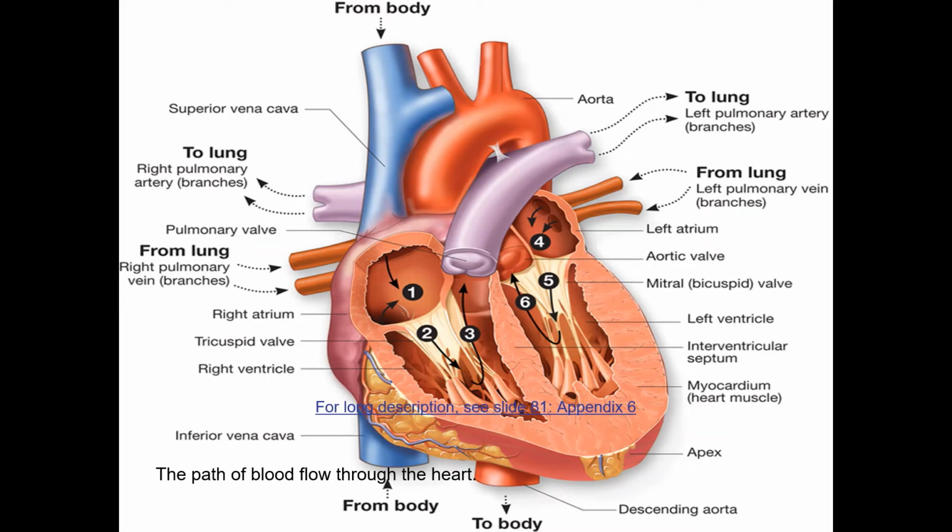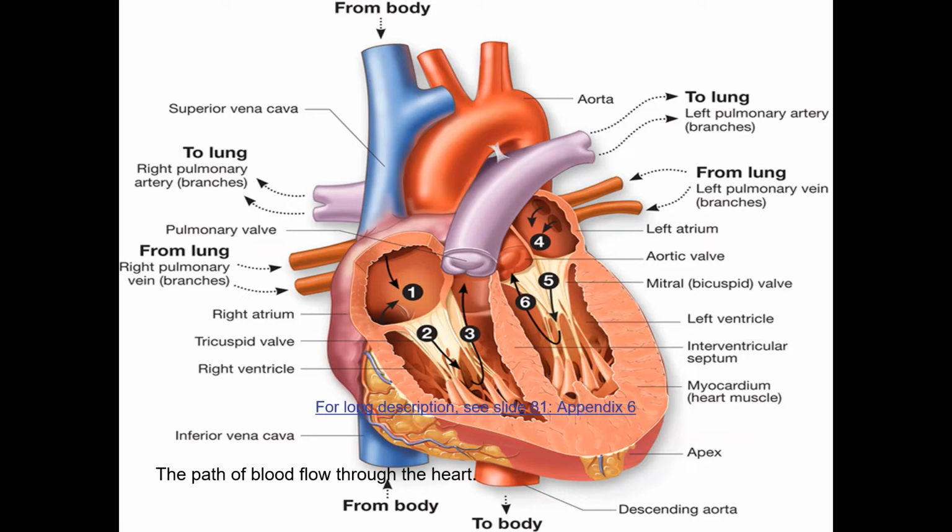From the right ventricle, it goes into the pulmonary arteries to the right and left lungs. From the lungs, it goes into the capillary beds, where oxygen and CO2 are exchanged, and then it comes back into the heart through the right and left pulmonary veins.